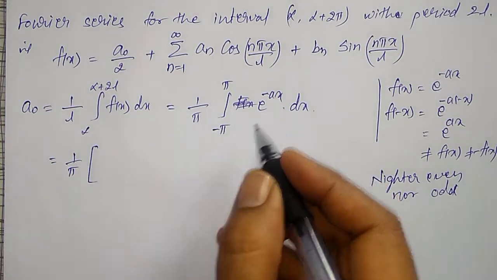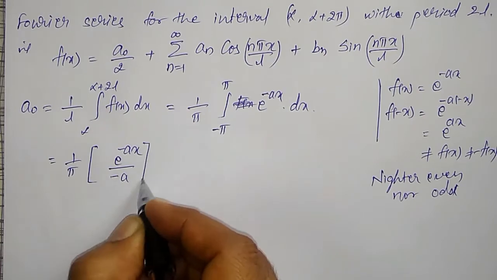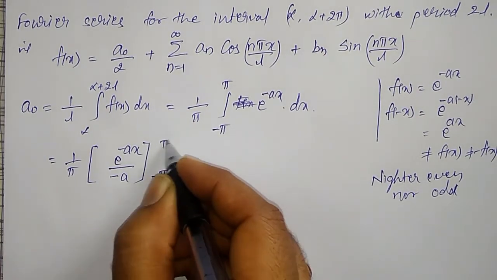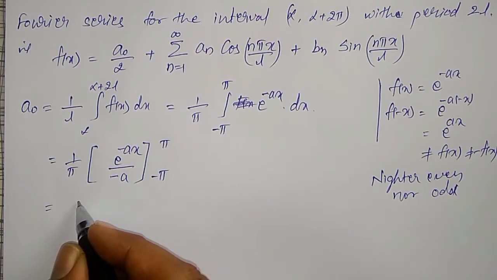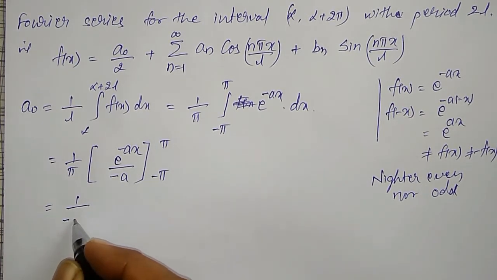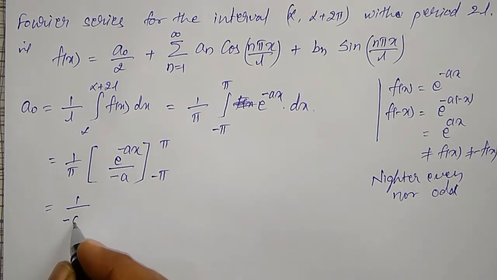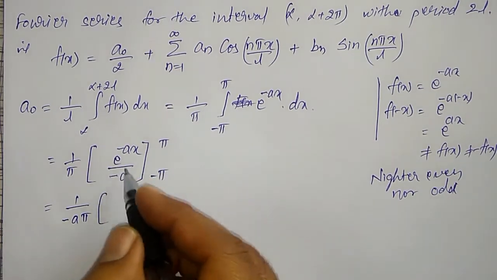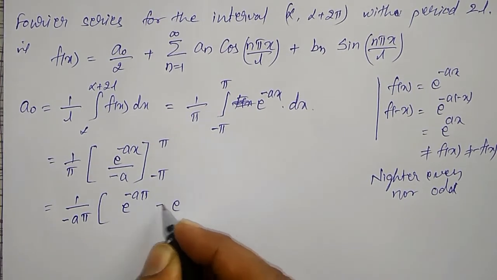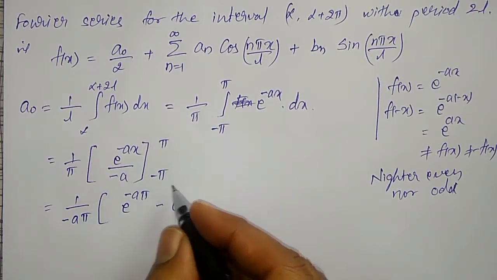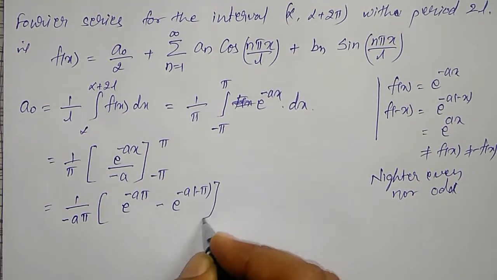Now to evaluate a naught, 1 by pi, integration of e to the power minus ax is e to the power minus ax divided by minus a between the limits minus pi to plus pi. Substitute the limits, upper limit minus lower limit, that becomes 1 by minus a pi, taking common, e to the power minus a pi minus e to the power minus a into minus pi, that will become plus.